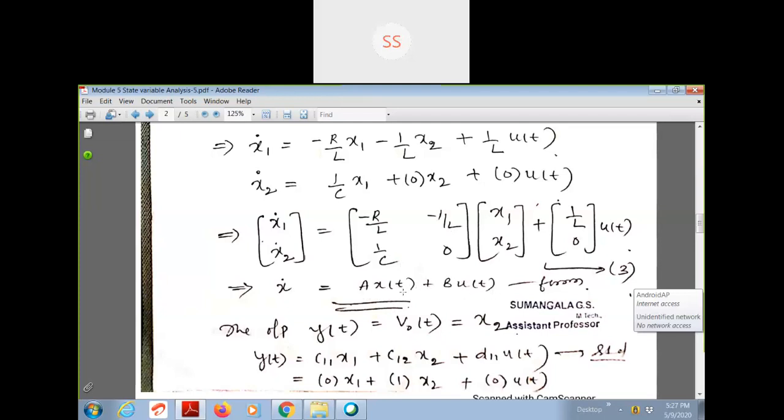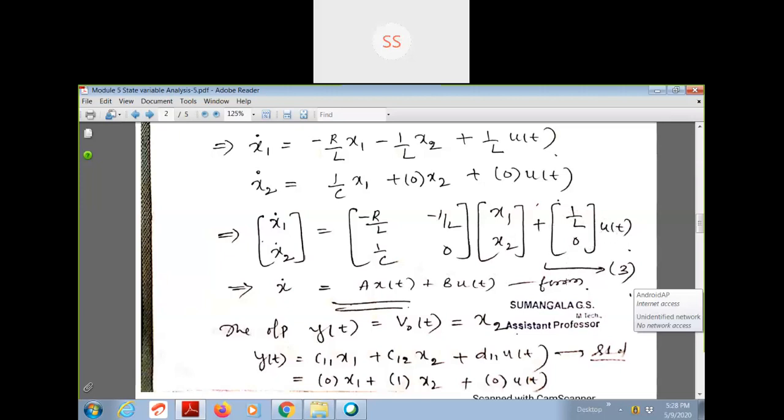So we have to arrive at this standard format. Now A is nothing but this coefficient matrix, x of t is this 2 cross 1 vector of state variables, B is again the coefficient matrix with b11 and b21 terms, and u of t is the input to the circuit.